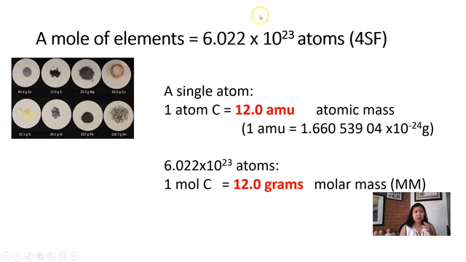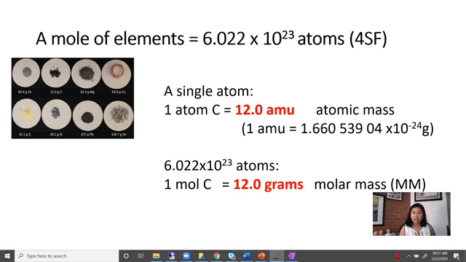The number 6.022 times 10 to the power of 23, the reason behind that is so that he can quantify a mole or a group of individual atoms and measure its mass, and it's going to be easier to figure out its weight with respect to the weight of an individual atom.